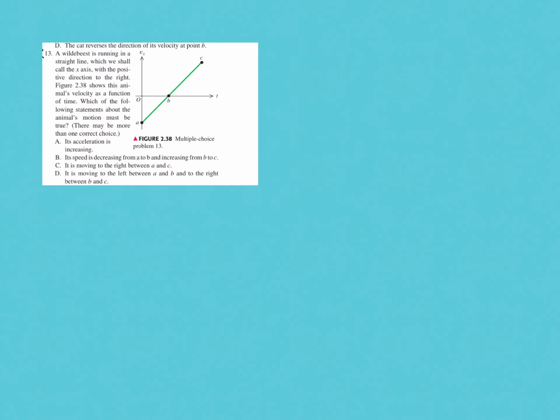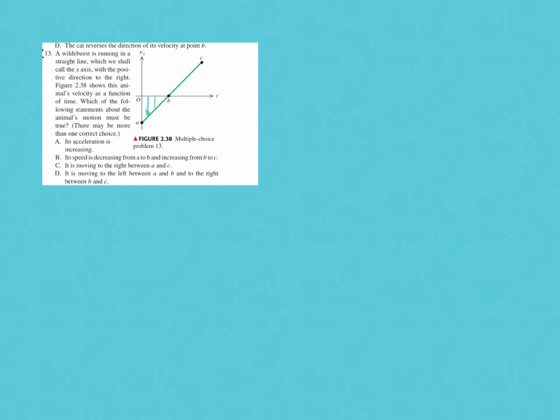Next question. Please read it carefully and wait for the solution. Try to solve it by yourself. So in this question, I see the graph of velocity versus time. Pay attention that the graph they present to you is velocity versus time. What I see is that the velocity is negative.